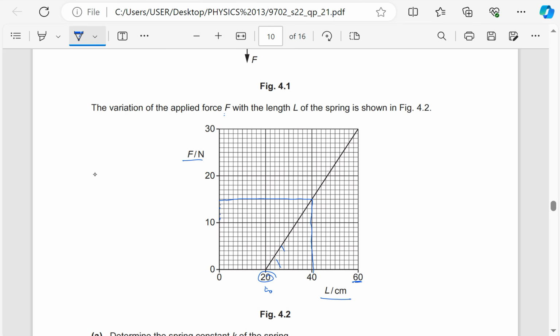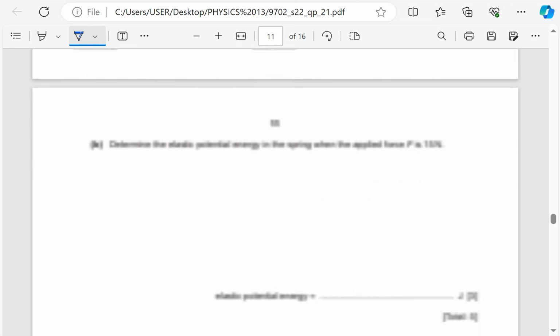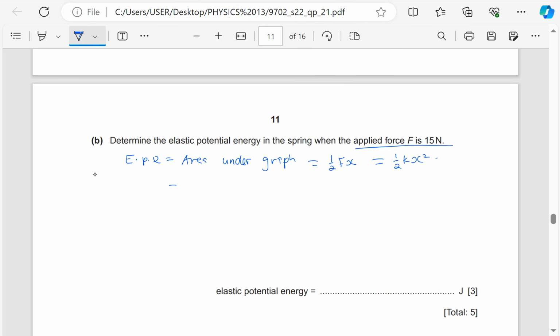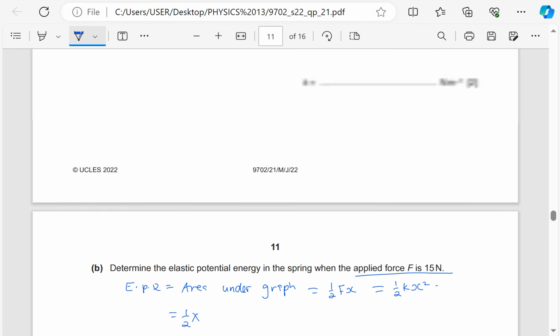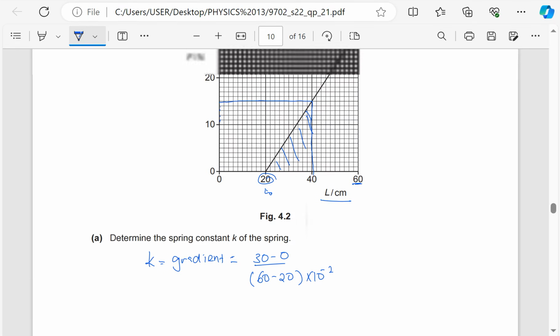So it is the area under this part here. So if I use area under the graph, it will be a half times that is 40 minus 20, which is 20. Then on the vertical we have 15.